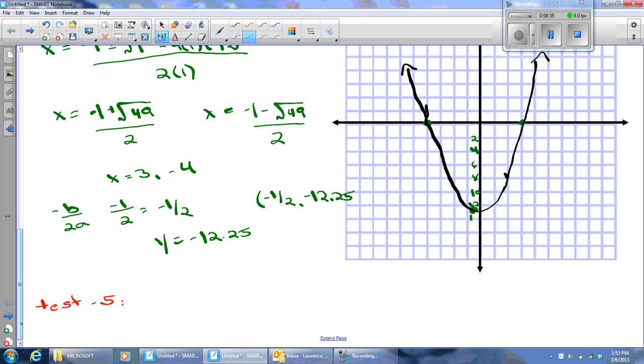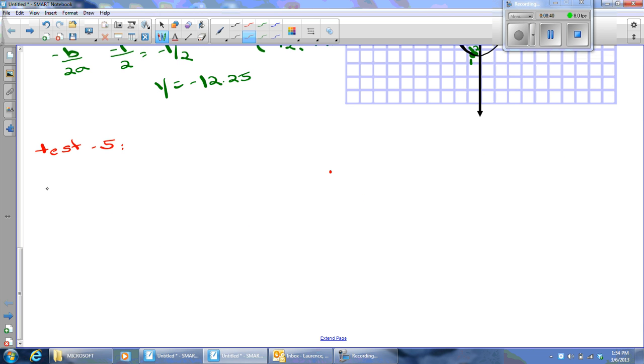So we plug negative 5 into the equation. We have negative 5 squared plus negative 5 minus 12 is greater than or equal to 0. This gives us 8 is greater than or equal to 0, which is true.